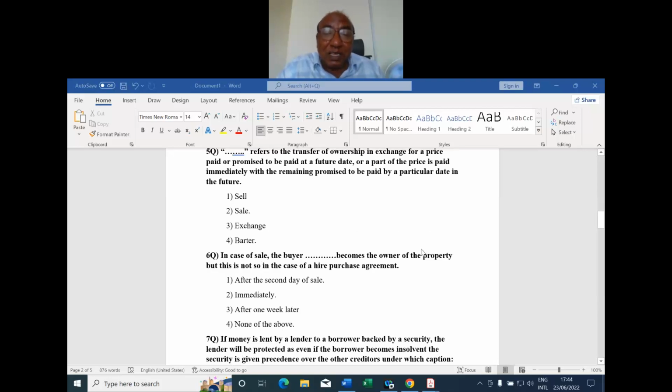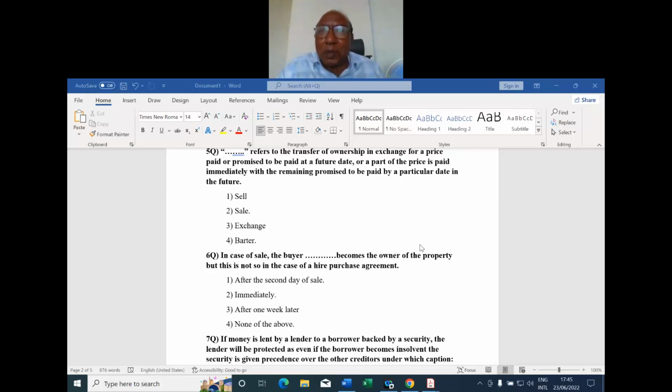In the case of sale, the buyer immediately becomes the owner of the property, but this is not so in the case of hire purchase agreement. Supplementary question. Hire purchase agreement, the papers are with the bank, and the possession will be given to the person who applied for the hire purchase.